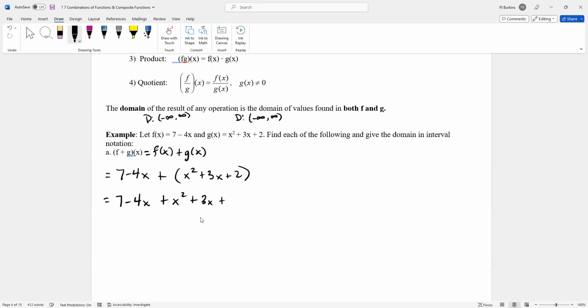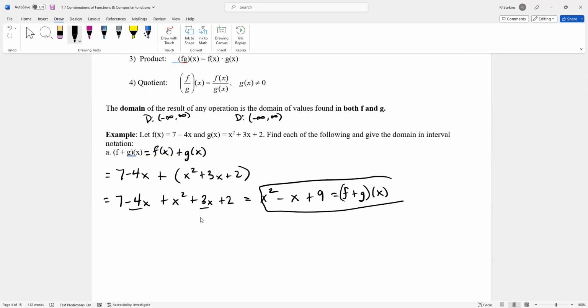And at that point, I want to add like terms. So x squared is all by itself. Then I've got 3x and minus 4x. That's going to combine to give me minus x. And then I've got 7 plus 2, or plus 9. That is the function f plus g of x.